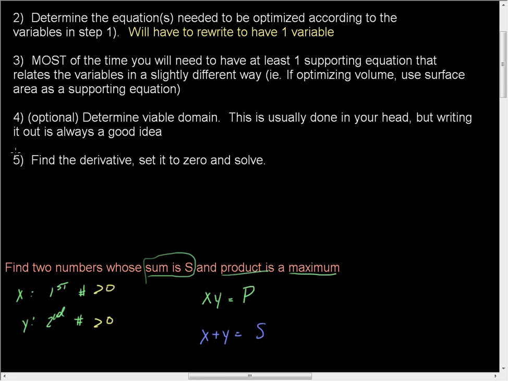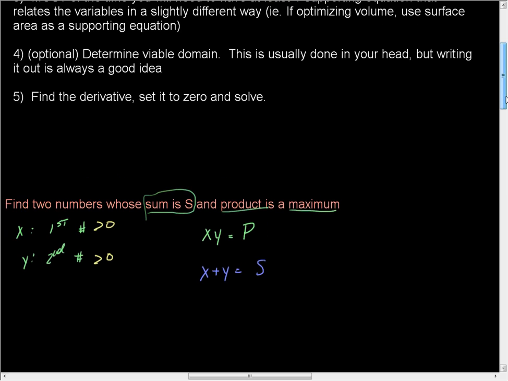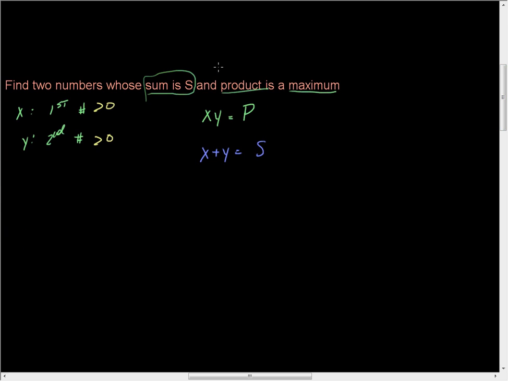Number 5, find the derivative, set it to 0, and solve. Now, we're always working according to the optimizing equation, and that's always the one that they give you to say we want to have the maximum or minimum. Which means if we have P is equal to xy, I would like to find the derivative of P. Now, we haven't worked with more than one variable, and so the idea here is use this secondary equation to rewrite one of the variables.